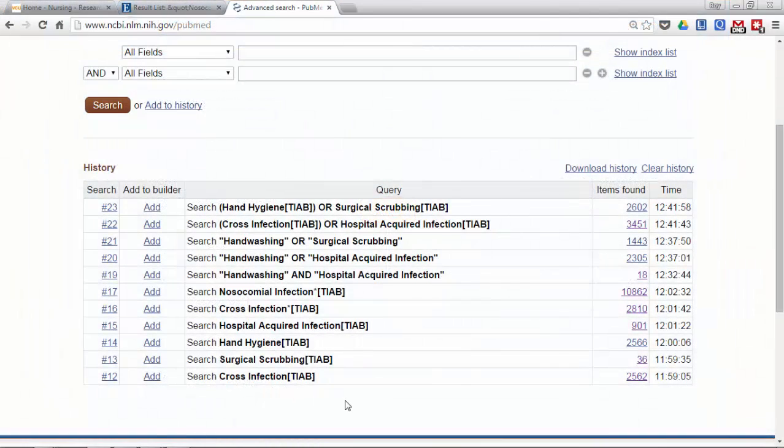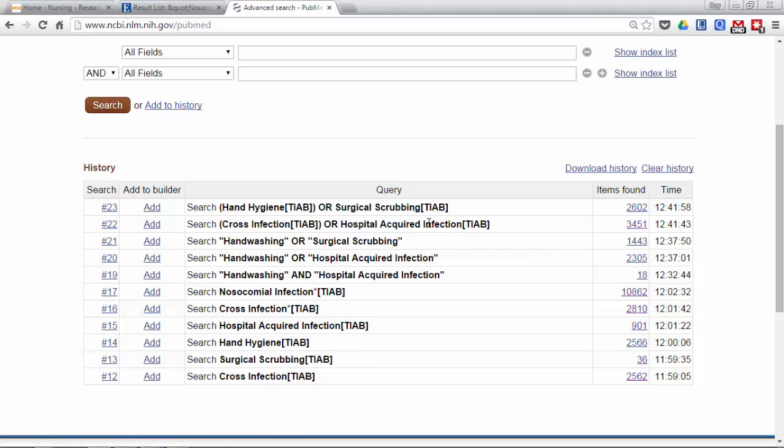To show you what I mean, let's take a look at what I've done here in PubMed. I made myself a group of terms to discuss hand washing. In this case, I used hand hygiene or surgical scrubbing. When I did this search, I got 2,600 articles. That's a huge number. I did the same thing for hospital-acquired infections. I used the terms cross-infection or hospital-acquired infection and got 3,451.